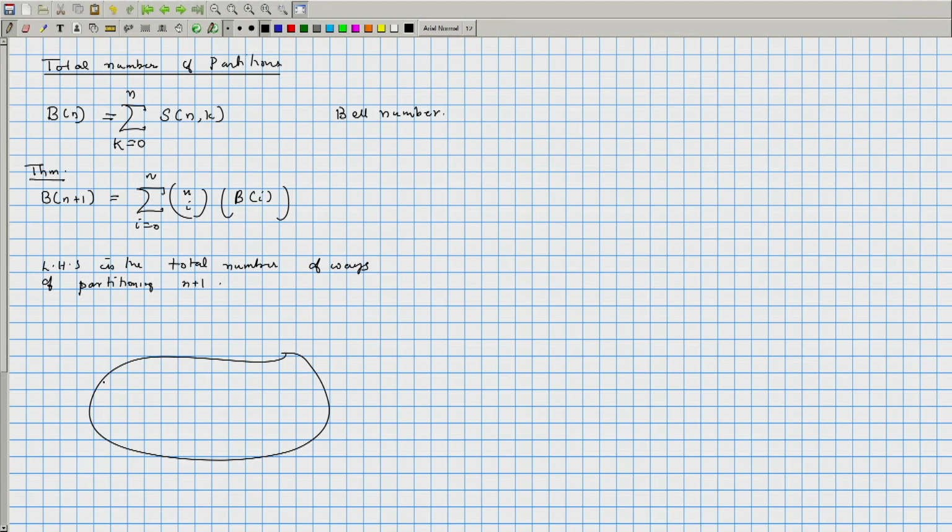We have split n plus 1 into some number of parts, and n plus 1 is in one of those parts. If you look at all the other elements together, that is going to be a set of size k.